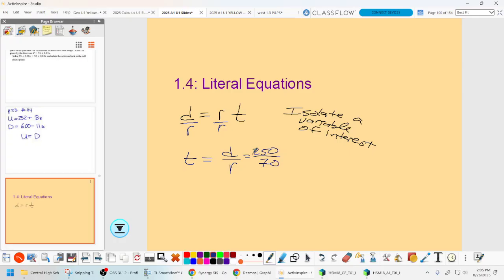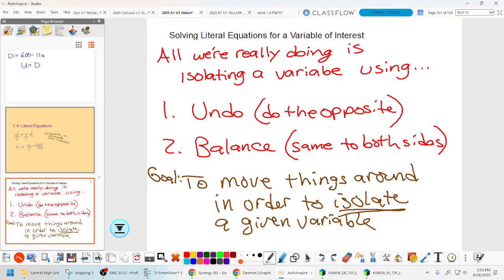Then we would manipulate that and solve for r. Does everybody see what we're doing? Yeah. It's a really important skill because it allows you to get things the way you want them instead of just the way they're given. Like in this case, I could rearrange it to solve for t. So, simple example.